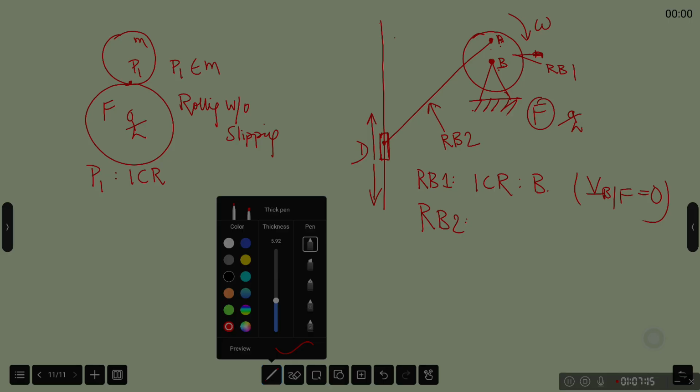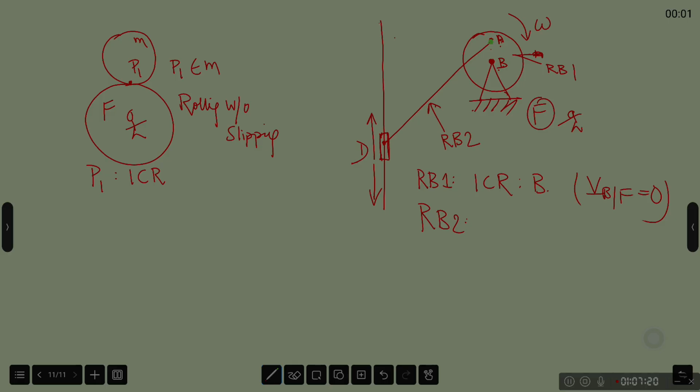Since A is hinged to the disc and the disc is rotating in a clockwise manner, we know that velocity of A with respect to F will be in horizontal direction. On the other hand, the velocity of D with respect to ground will be in the vertical direction. Now if we draw a line perpendicular to VDF and a line perpendicular to VAF, they meet at this point, and this will be the ICR of RB2.